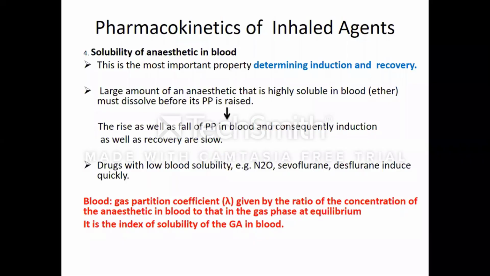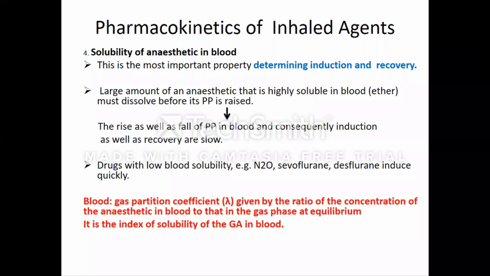So we were talking about the solubility of the anesthetic. This is a very important property in determining the induction and recovery, because a large amount of an anesthetic that is highly soluble in the blood, like diethyl ether, must dissolve before its partial pressure is raised. The rise as well as the fall in the partial pressure in the blood, and consequently the induction as well as the recovery, will therefore take place very slowly.